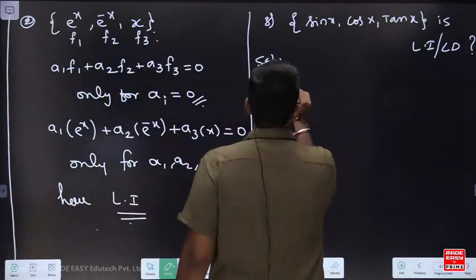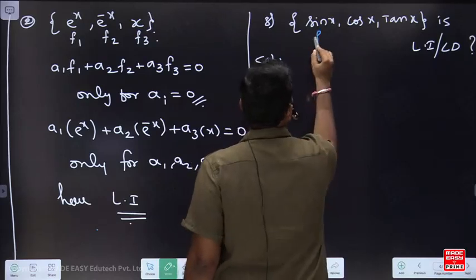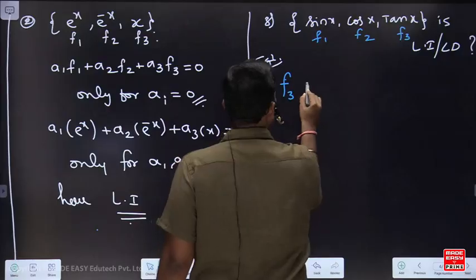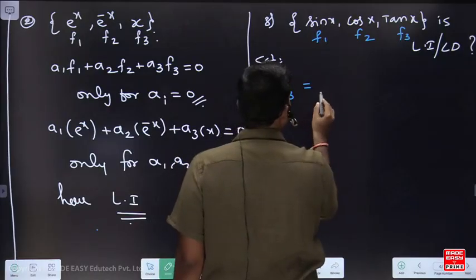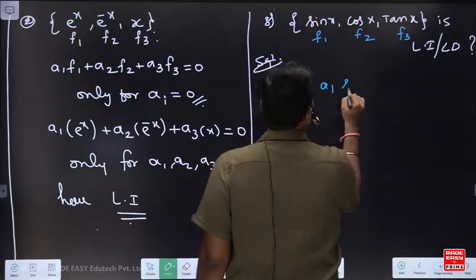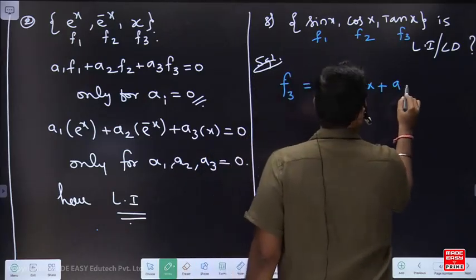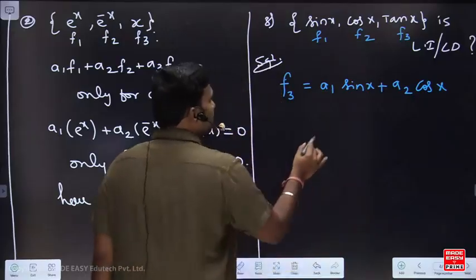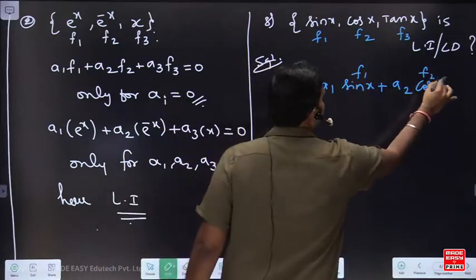So look, suppose this is F1, this is F2, this is F3. If I take F3, that is tan x, equal to A1 sin x plus some A2 cos x, that is A1 F1 and then A2 F2.